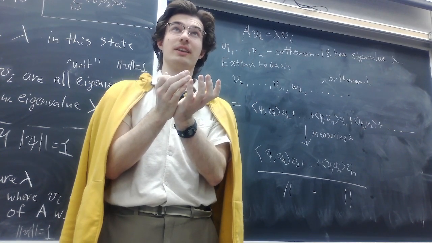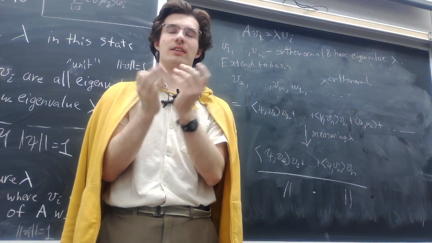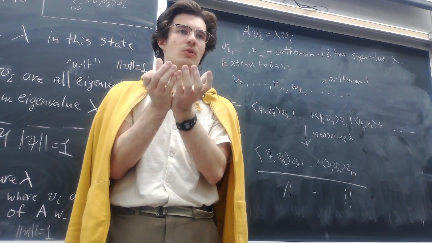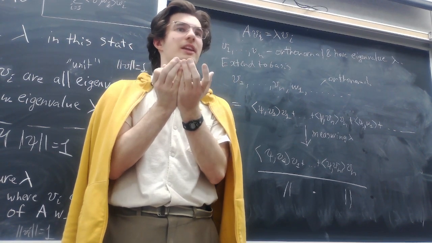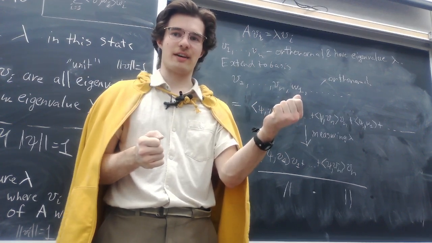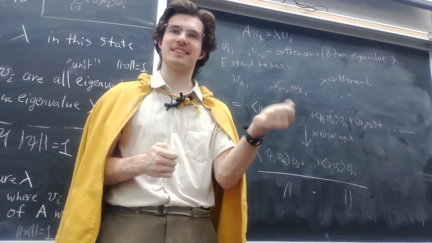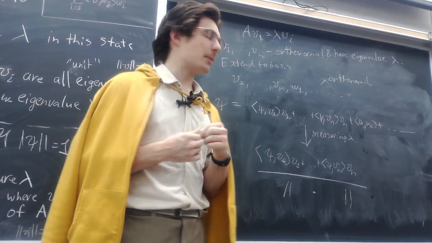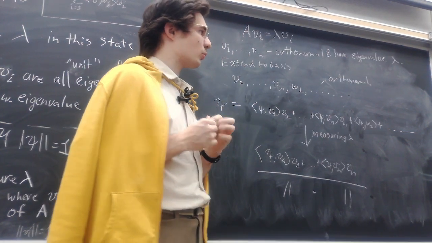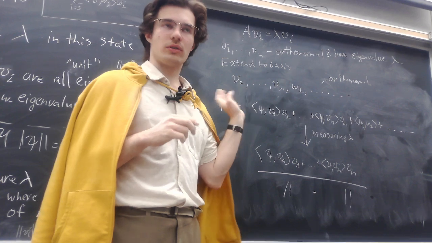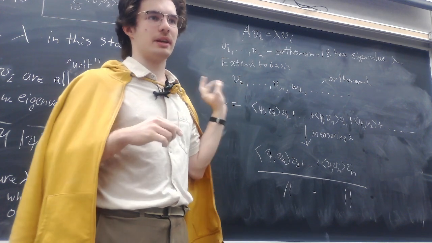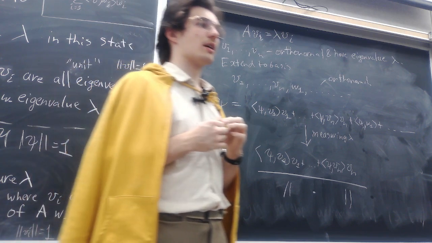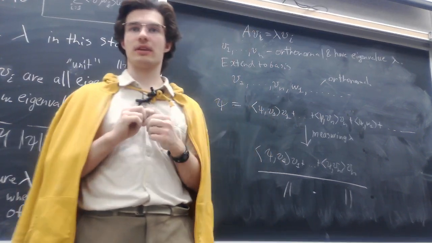So really the states you could be in always have to be norm 1, because if you're in a state, then you should have probability of 1 to be in that state. You know what I mean? It's kind of a tautological statement. But that's what you would want. And so to have probabilities add up to 1, you need all of the states that you work with to be normalized and have norm 1.